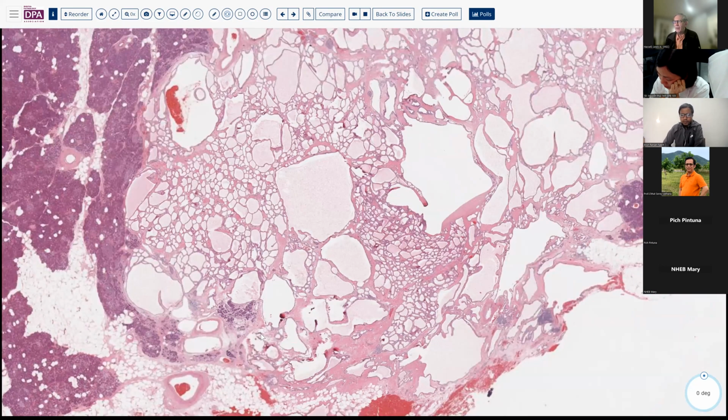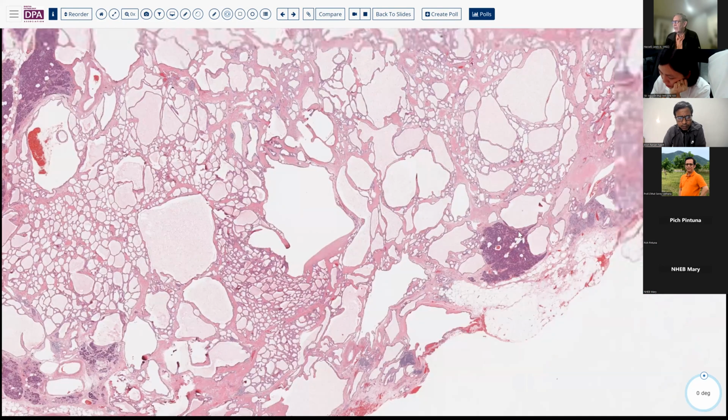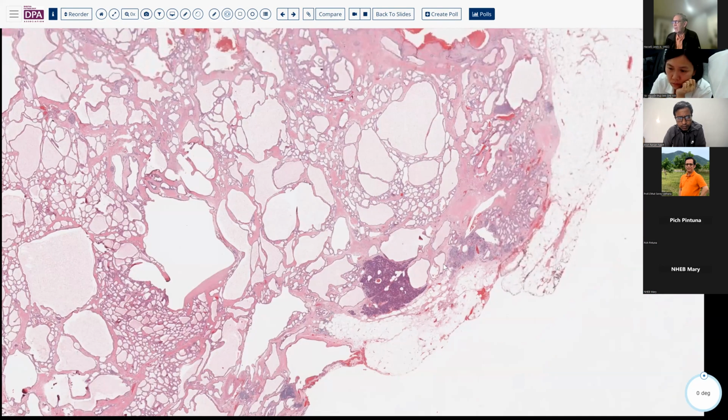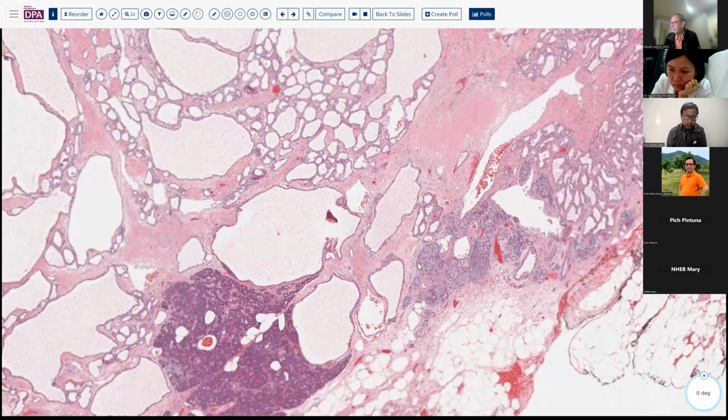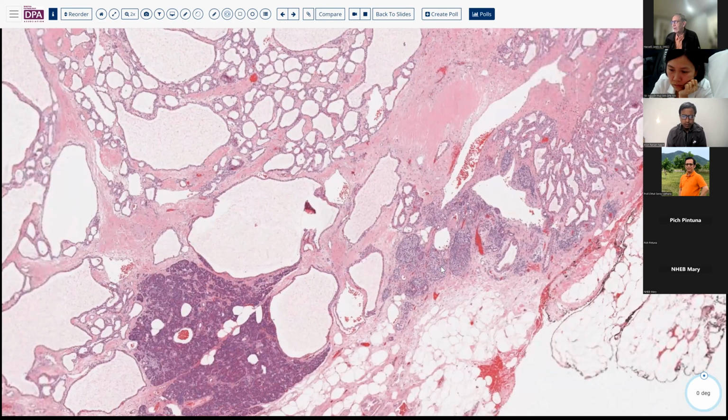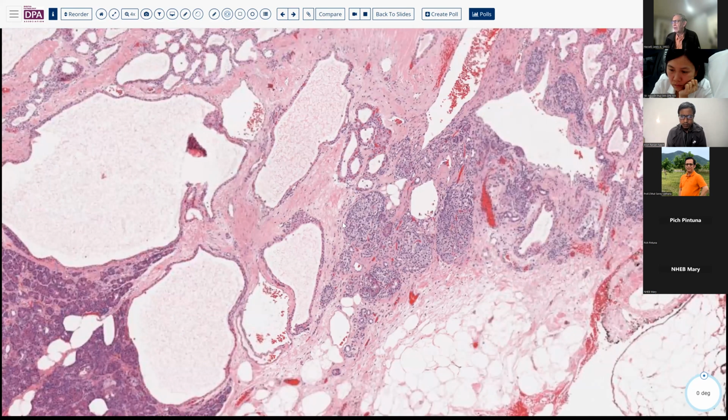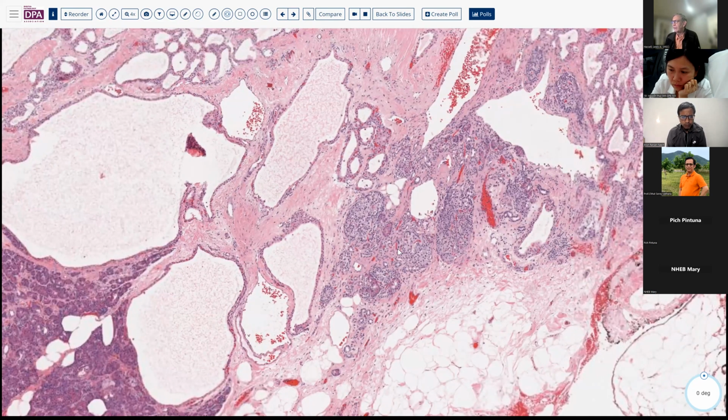But you can see there is still some acinar tissue adjacent to this. And so you may have variable combinations of viable exocrine function as well as endocrine function. Here's, I think, a few islets here, as you can see here. A little bit of residual endocrine function.